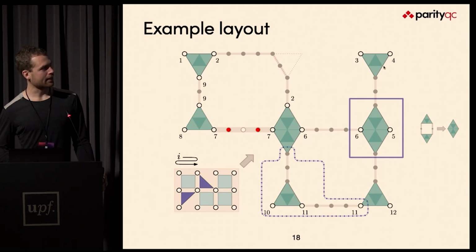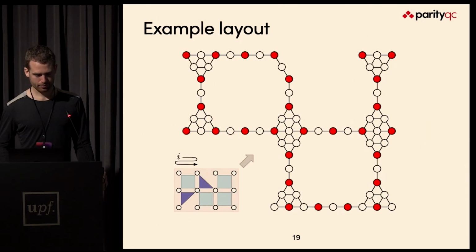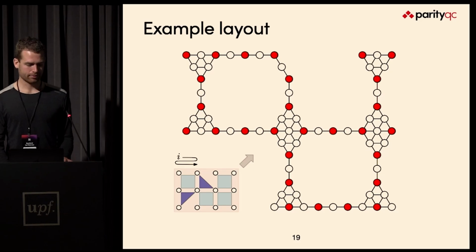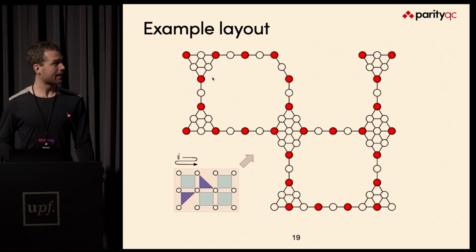And then, on this side, this is a square, and this is a square, put together again in this diamond shape. So that is the right side of this picture. Exactly. And if you now look at an example of a maximum independent set on this layout, that is the red atoms.